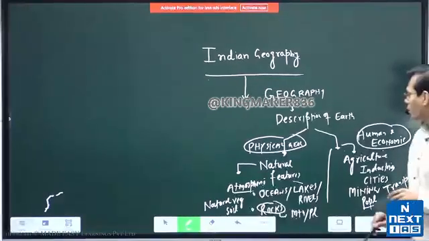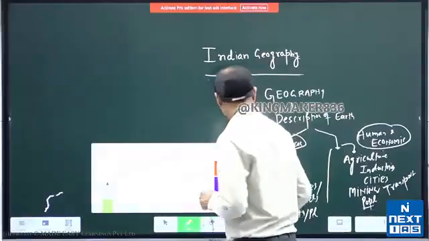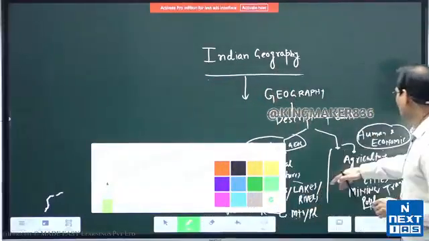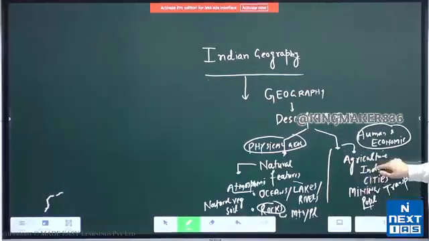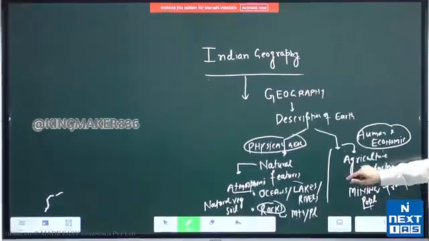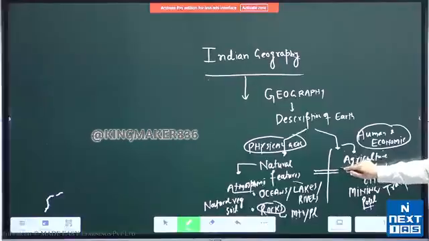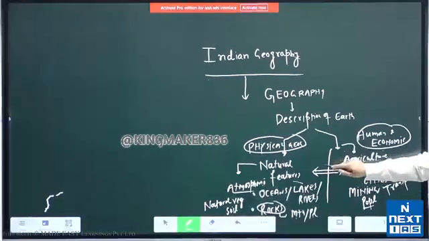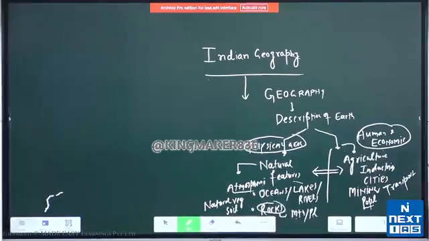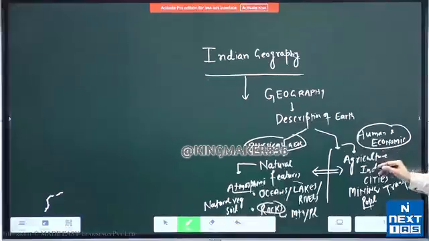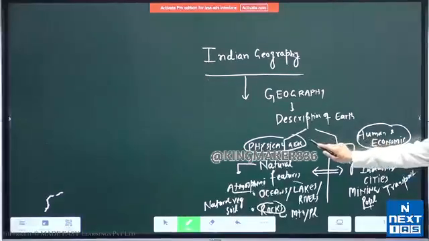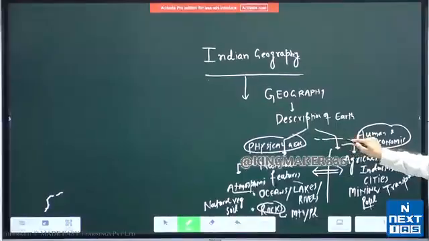And you note very well that these features, suppose agriculture we are discussing, industries we are discussing, mining, etc., are these interrelated or no connection with physical geography? A deep connection with physical geography. So it is very important to note down, physical geography and human geography are interrelated.